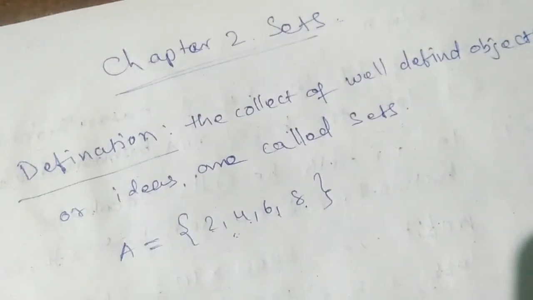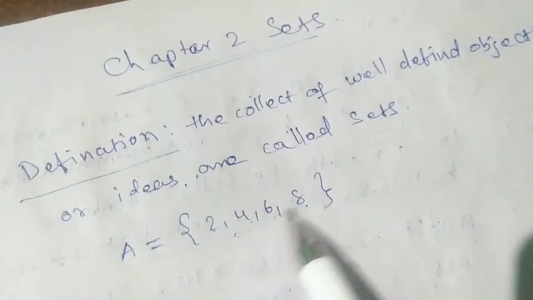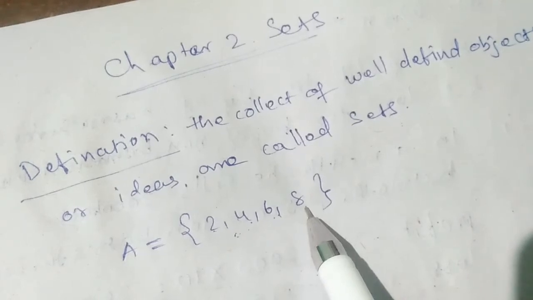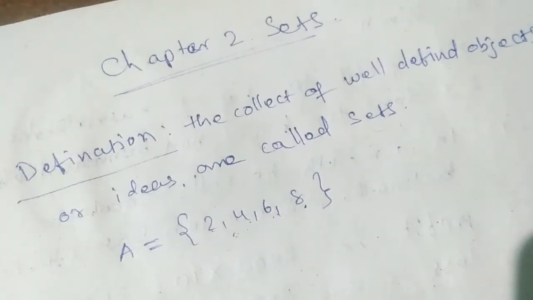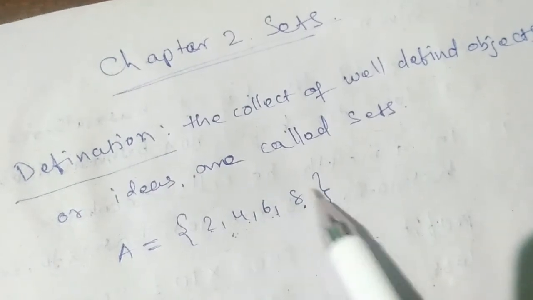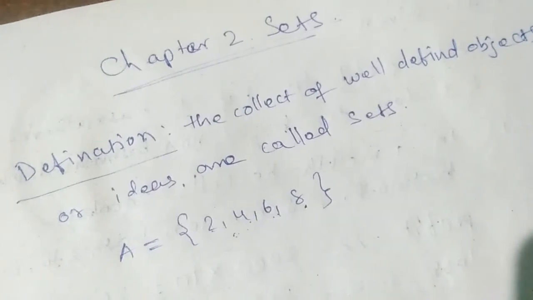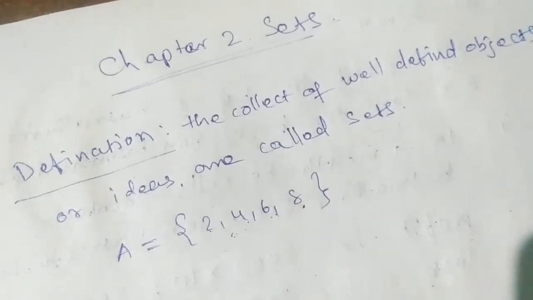A is a set. How? I will explain. 2, 4, 6, 8, what numbers are these? Yes, these are even numbers, isn't it? These are even natural numbers less than 10.